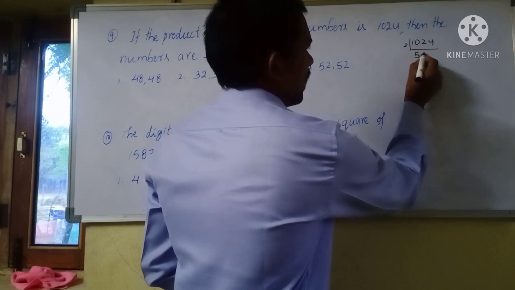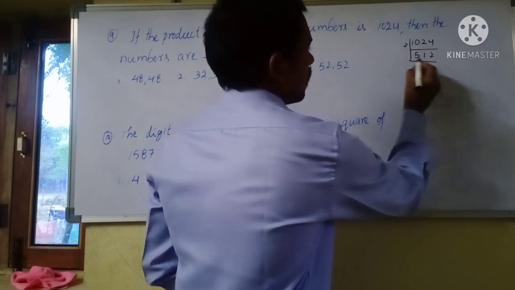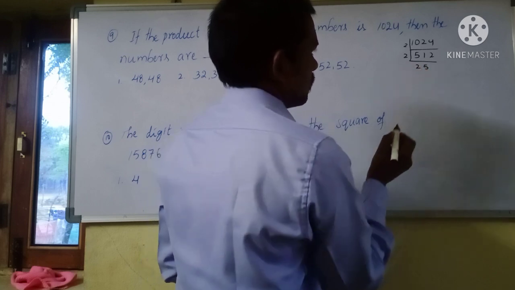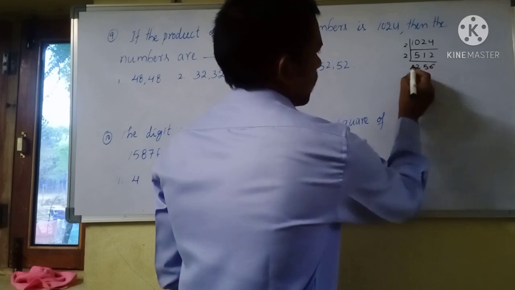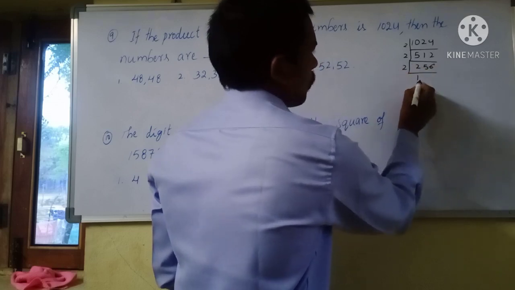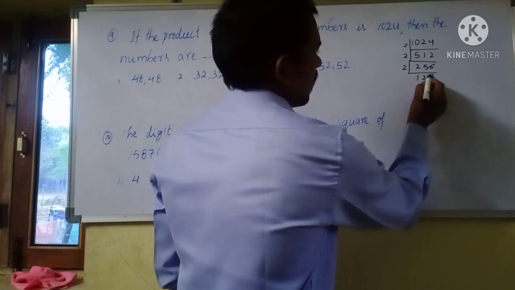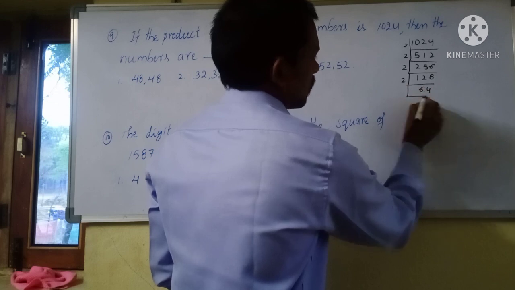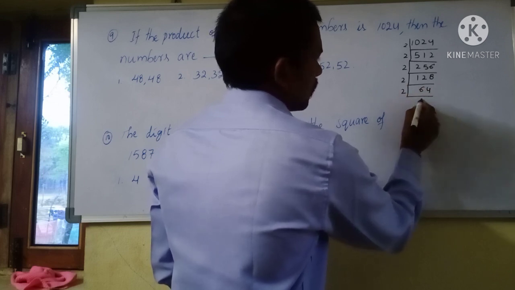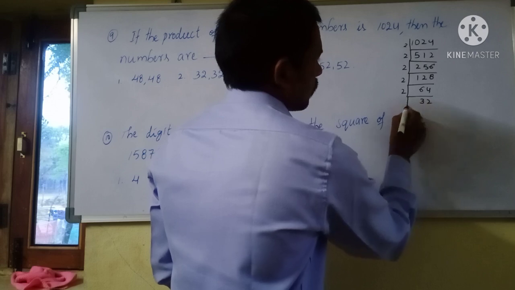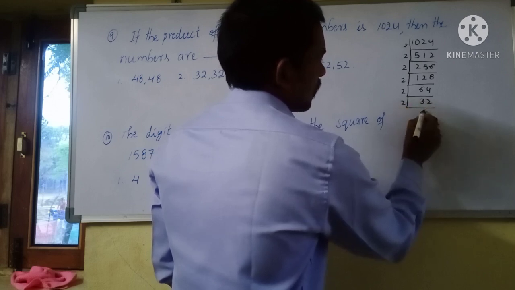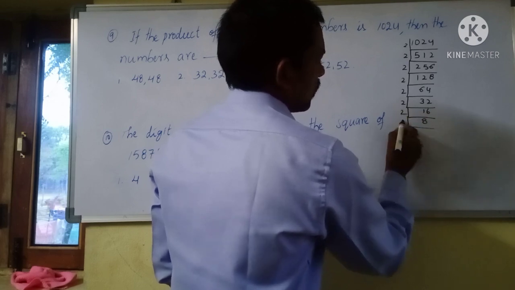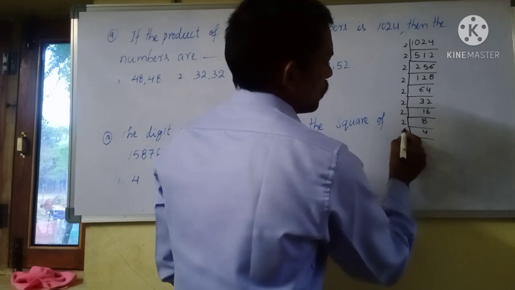So 2 512, then 2 256, then 2 128, then 2 64, then 2 32, then 2 16, then 2 8, then 2 4, then 2 2.